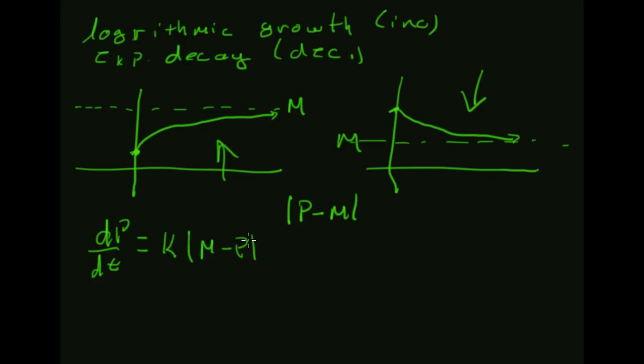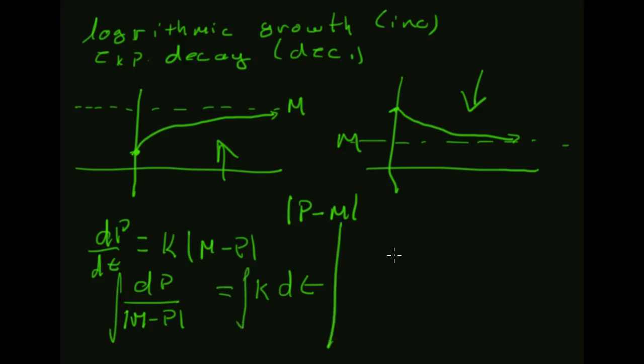All right, so let's take a look here. This is, again, separable, right? So I get dp over m minus p is equal to k times dt. I take these integrals, so this is going to give me the natural log of m minus p is equal to kt plus some c.